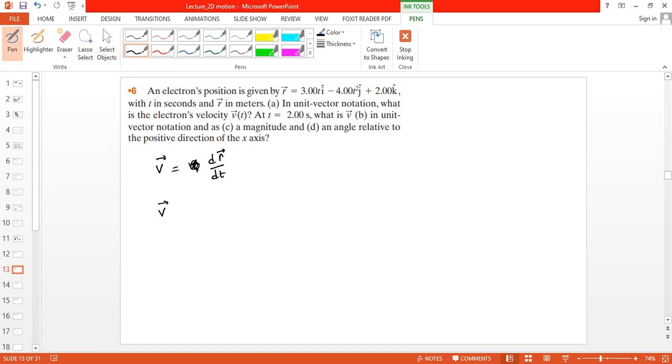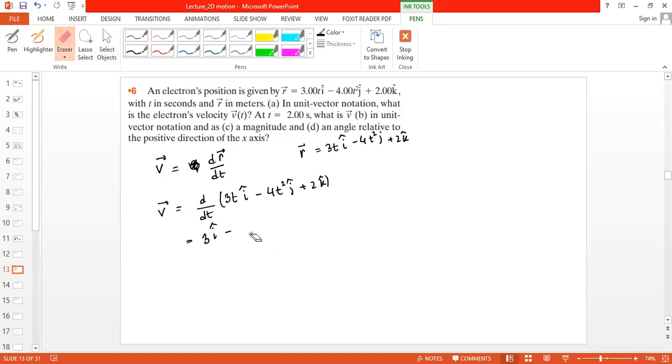So my velocity will be equal to, one thing you can do is differentiate d/dt, that is, r is given as 3t i minus 4t squared j plus 2k, right? So differentiating it will give me 3 i, and for minus 4t squared, that would be 8t j.